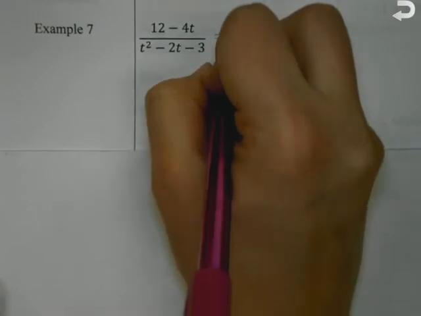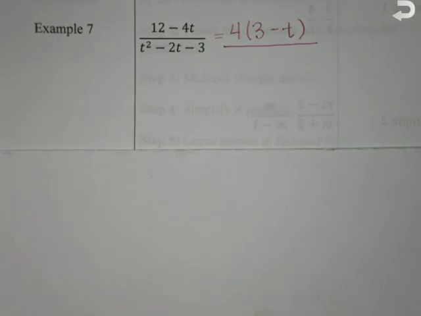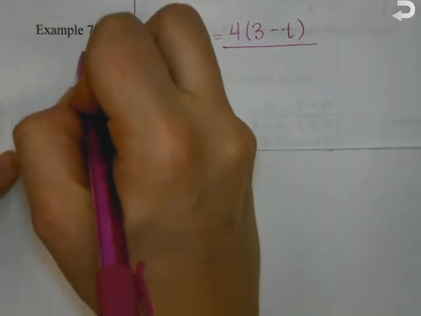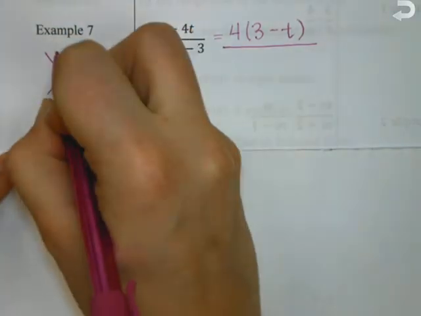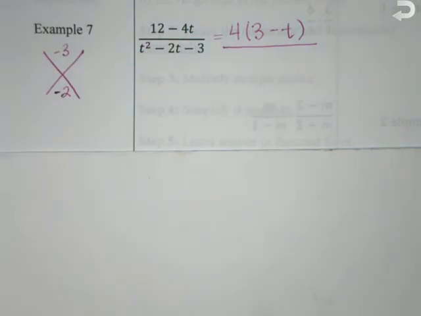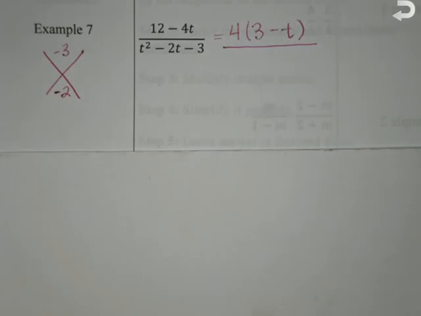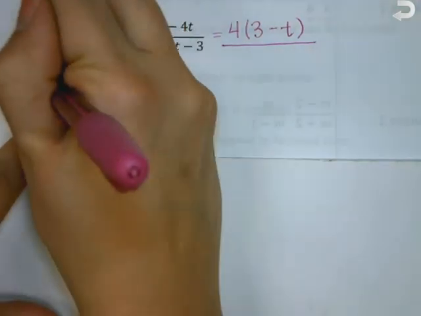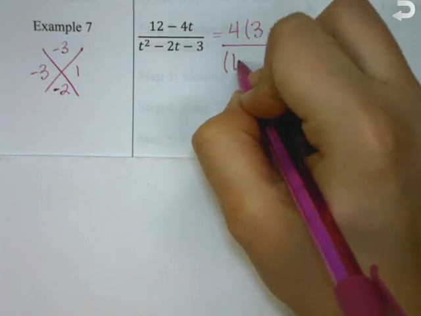What method will you use in the denominator? Diamond method. Good. So that's two numbers that multiply to negative 3 and add up to negative 2. 3 and 1, and which one has to be negative? The 3. So this is going to be t minus 3 times t plus 1.